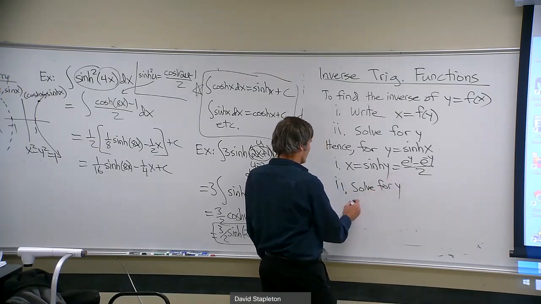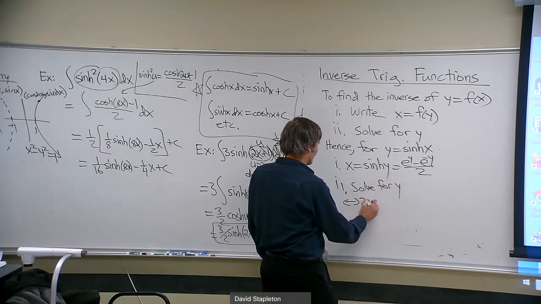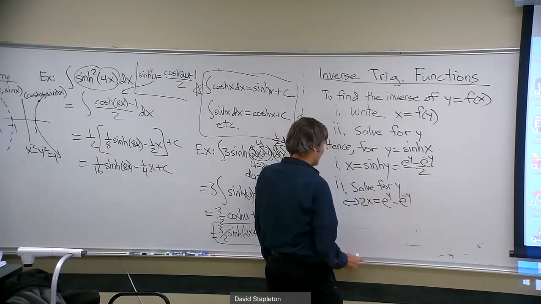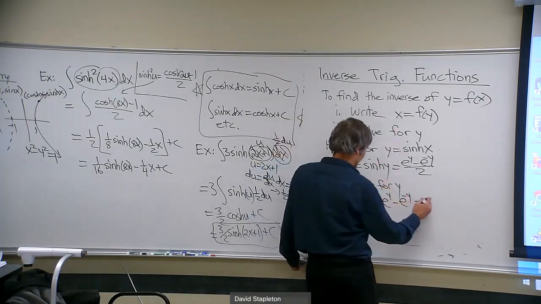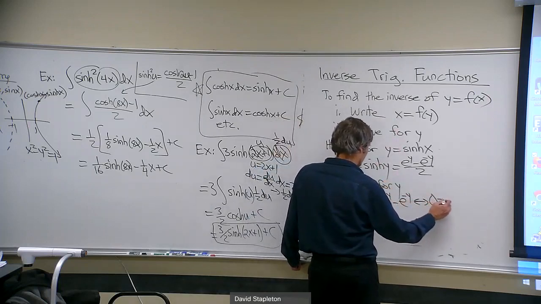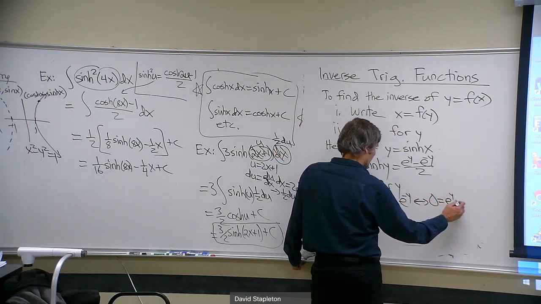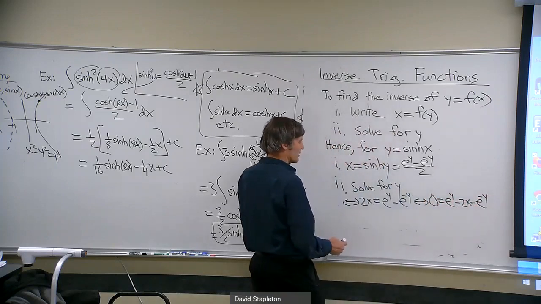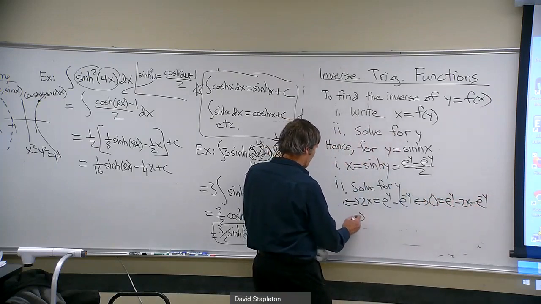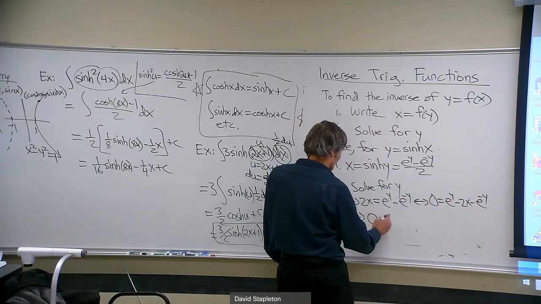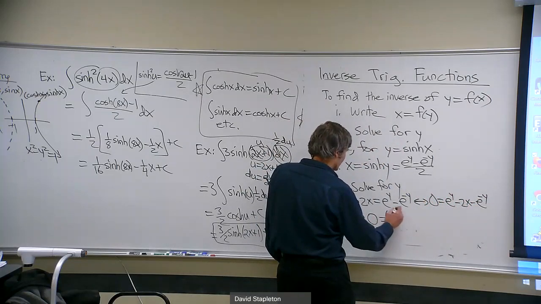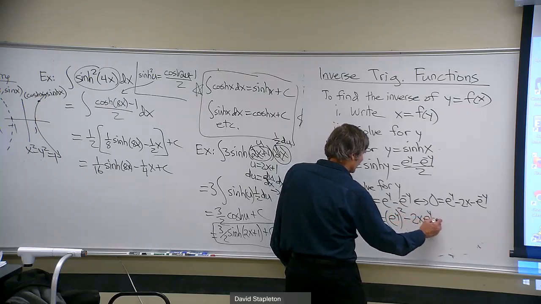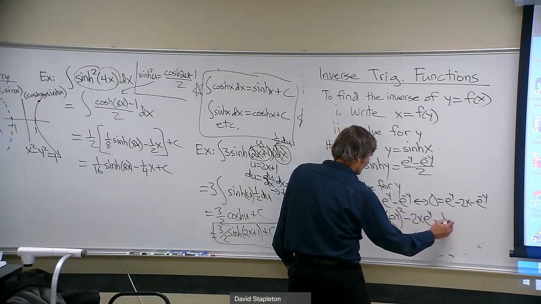So let's multiply this through by 2 and write that 2x is equal to e to the y minus e to the minus y. Then we can subtract 2x across and get 0 equals e to the y minus 2x minus e to the minus y. So I subtract 2x from each side. And now I multiply by e to the y and get 0 equals e to the y squared minus 2x e to the y minus 1.